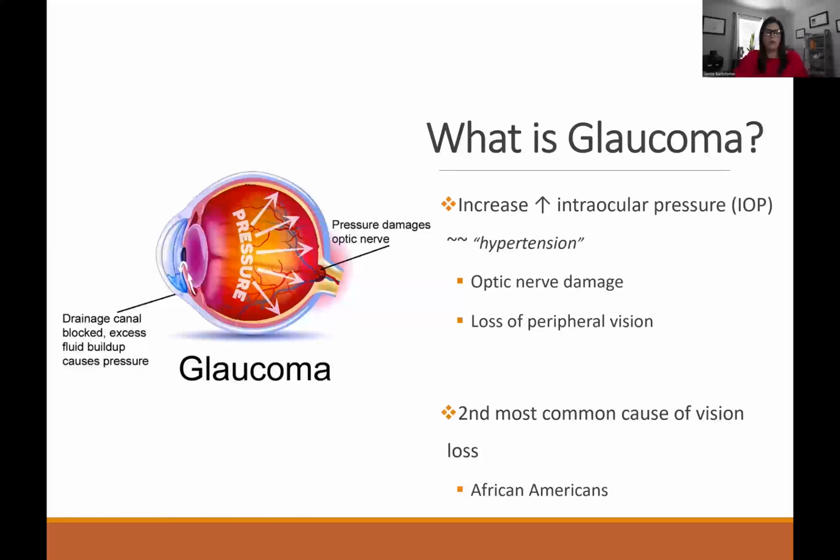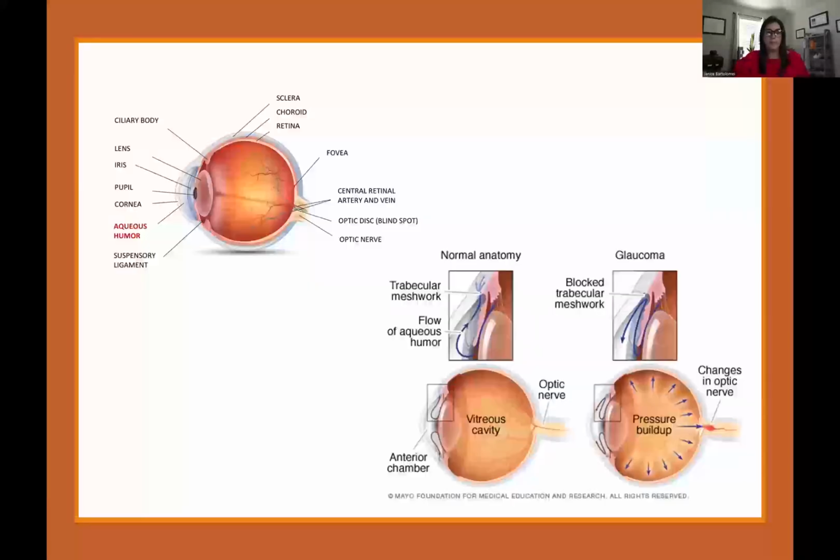To understand what causes this buildup of pressure, or intraocular pressure, it has to do with the drains that we have in our eye, where there's an aqueous humor, a jelly substance. When those channels get blocked or occluded, the buildup of pressure happens.